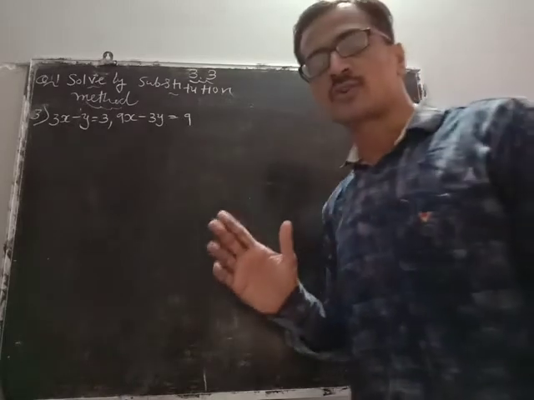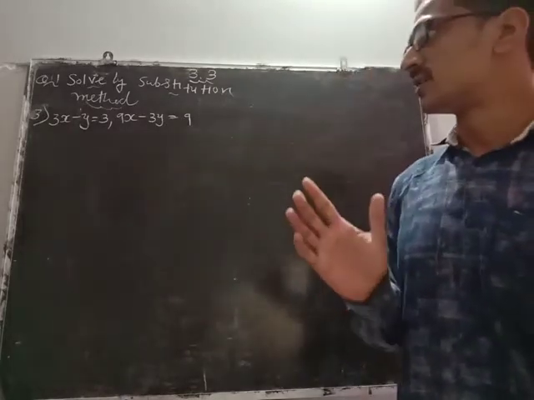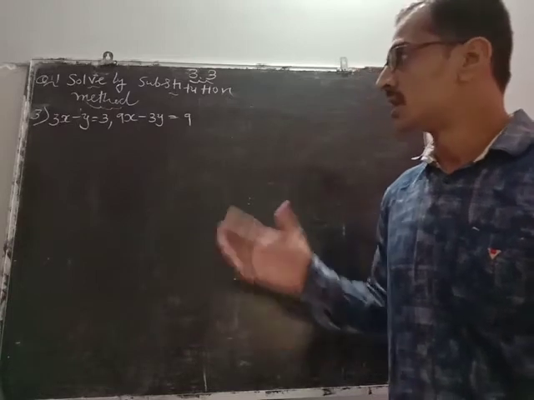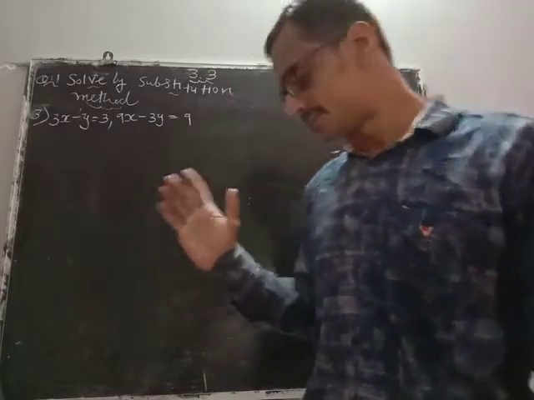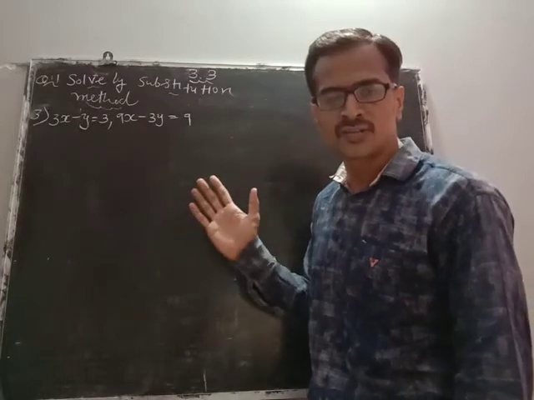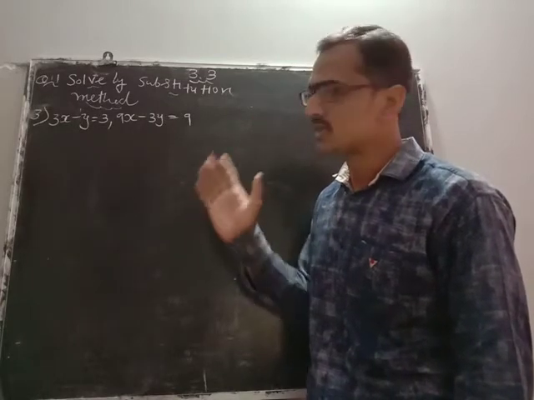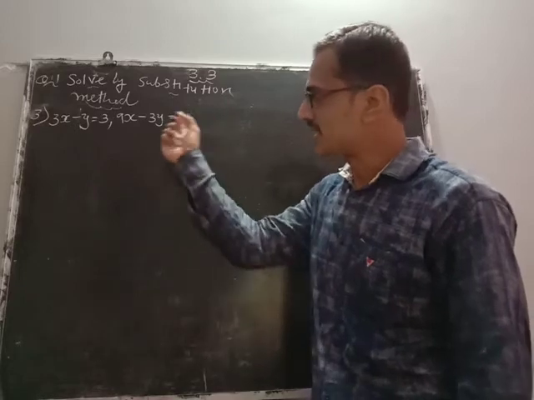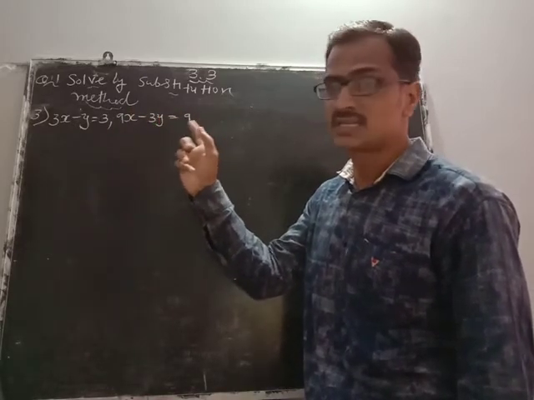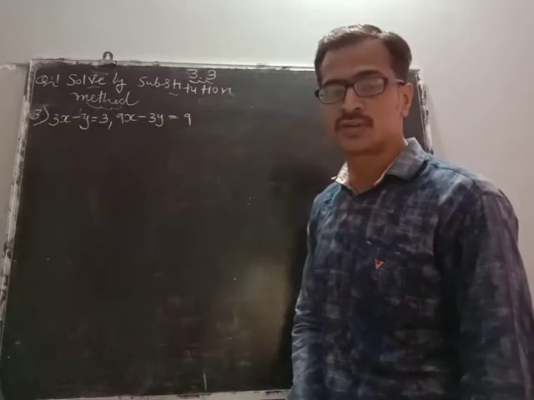See, as I told you, first of all we'll reduce the equation. To reduce means what? If the equation is in terms of fractions, find the LCM, and if such kind of equation is given, if any number is divisible through all these coefficients, then we have to divide.